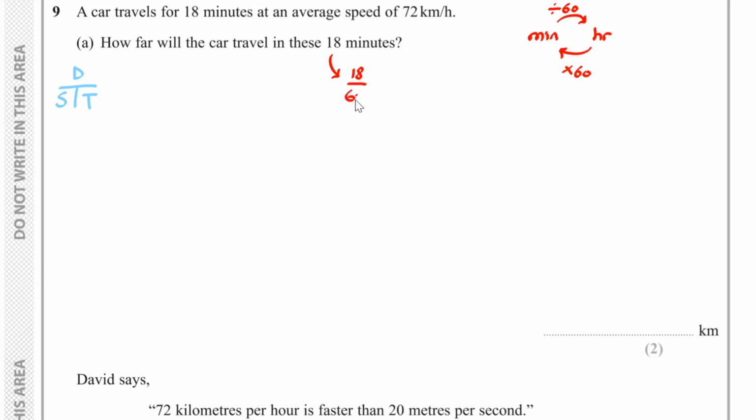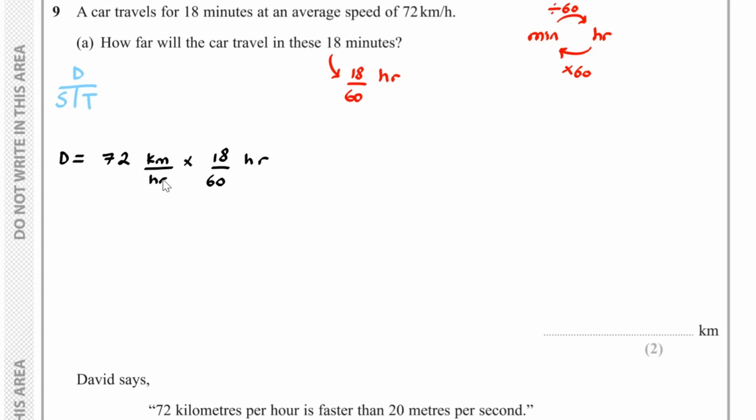So 18 divided by 60 hours is how long the car is travelling for. So the distance is equal to the speed, 72 kilometers per hour, multiplied by the time, which is 18 over 60 hours.